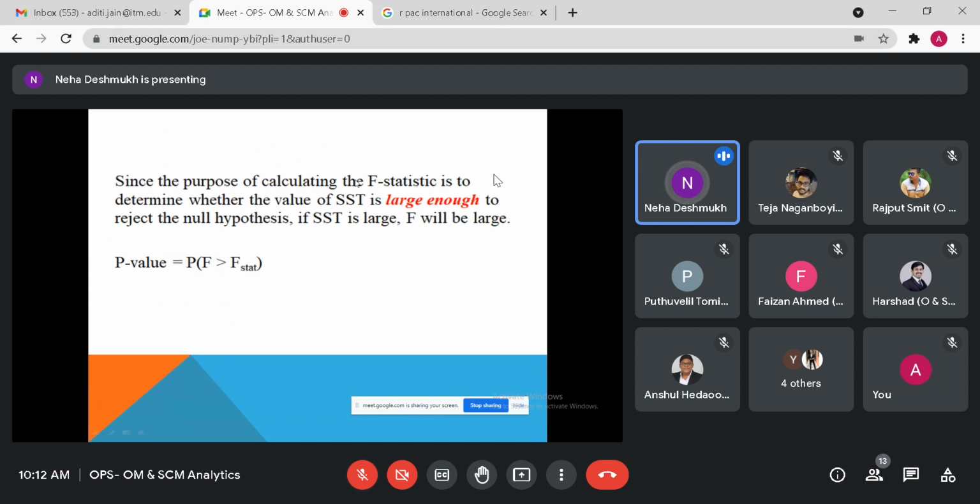Since the purpose of calculating the F statistic is to determine whether the value of SST is large enough to reject the null hypothesis, if SST is large, F will be large, right? If SST is large, F will be large.